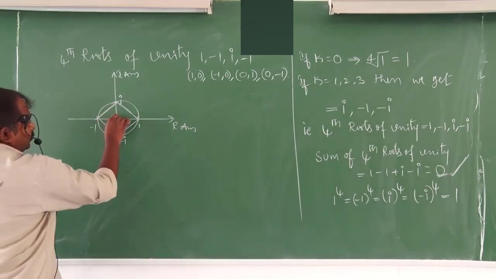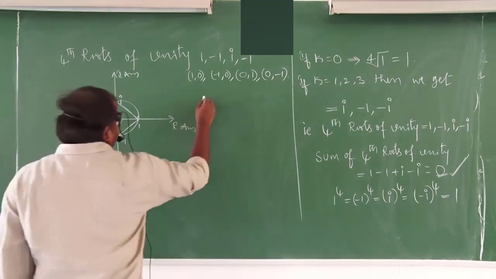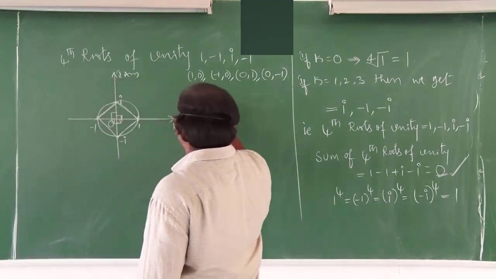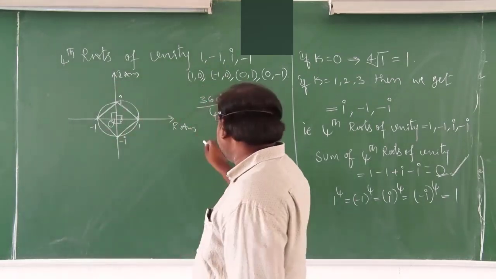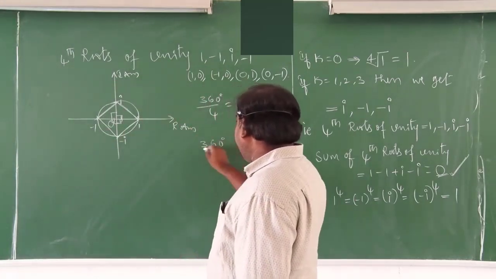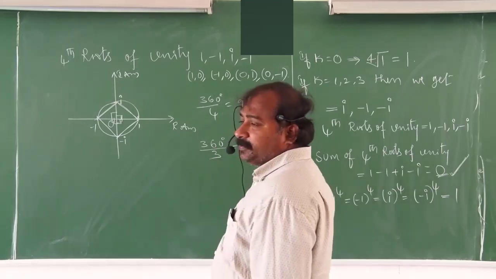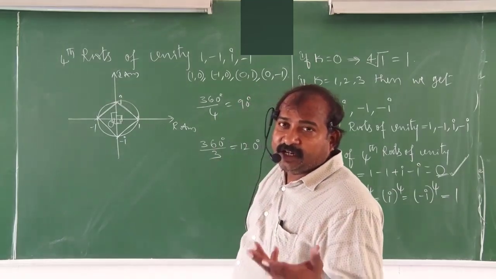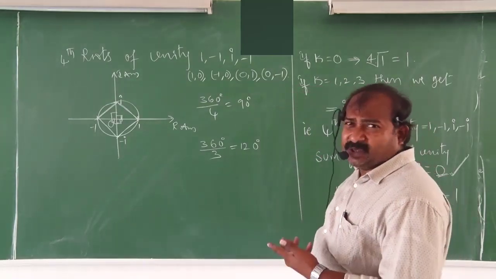The difference between them is 90 degrees each. Simple logic: 360 degrees by 4 gives 90 degrees. For cube roots of unity, 360 degrees by 3 gives 120 degrees. Even if you calculate the fifth or sixth roots of unity, you can do it like that.